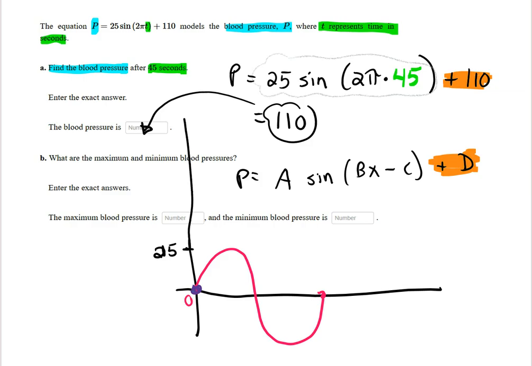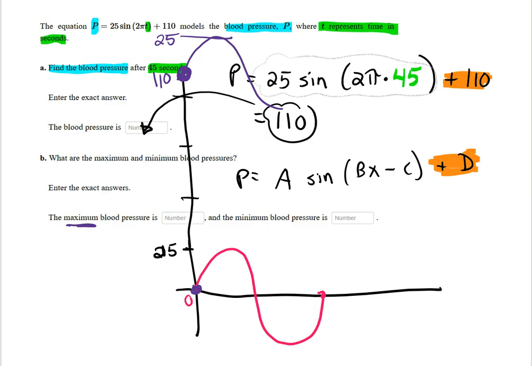So that'd be 50, 75, 100. It's going to go all the way up to here. Okay, that's the 110. And your amplitude, which was at 25, now is up here, which is still going to be 25 above the 110.